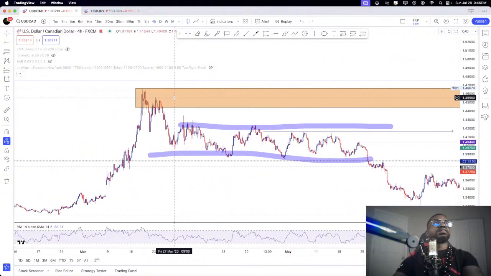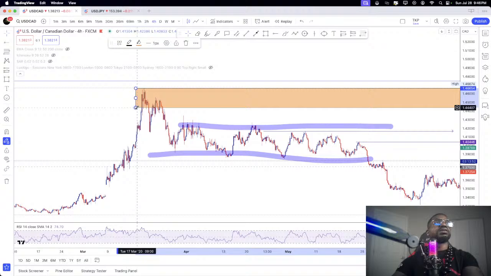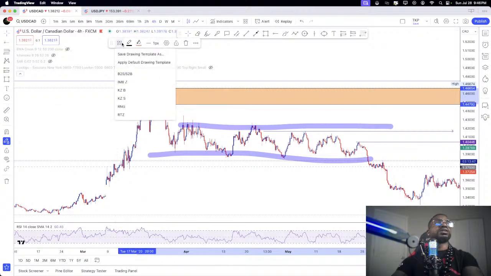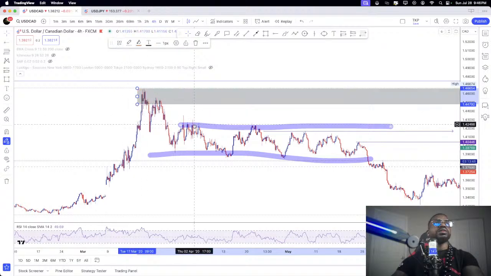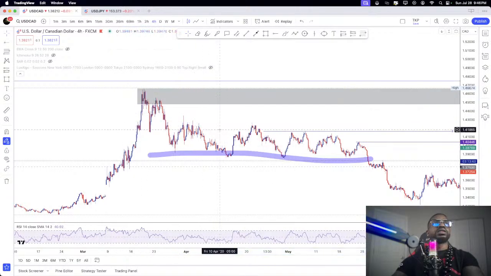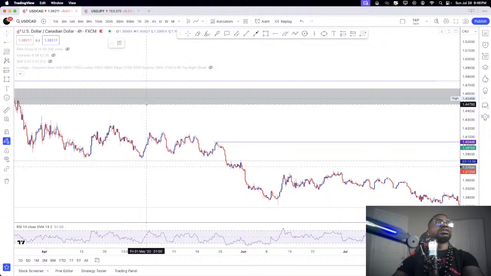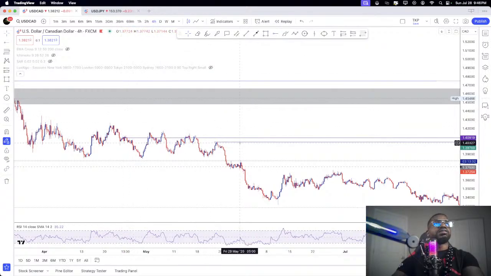So let's get that top level right here of consolidation. Boom. All right, let's extend this area here. And let's see what we got.